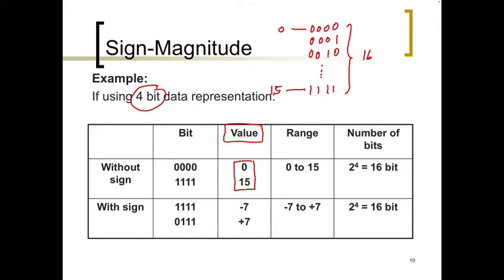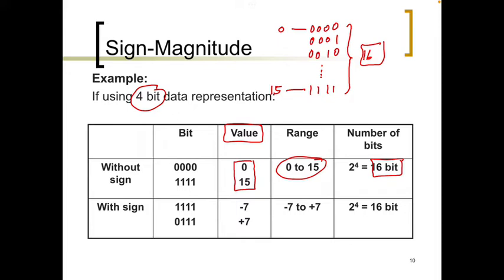So we have the range 0 to 15. We have 16 numbers, 2 to the power of 4. We can say this is 16, because we can have 16.